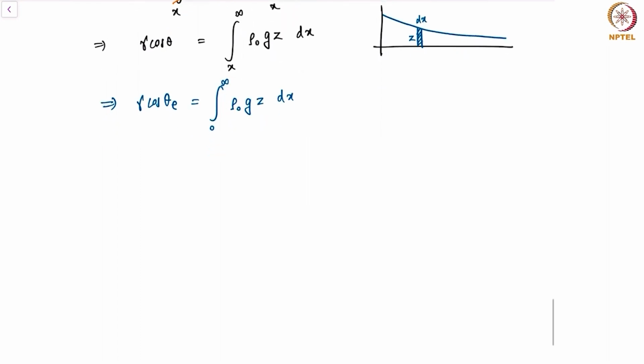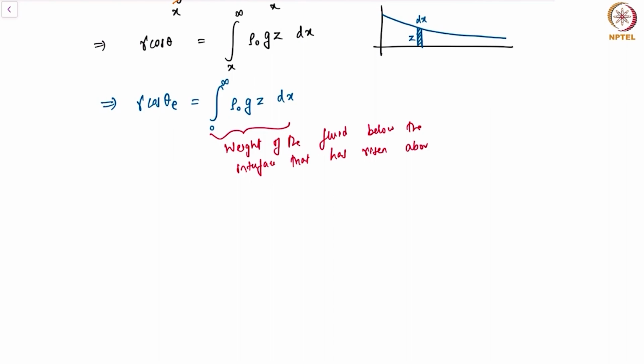And what is this quantity on the right hand side? This is nothing but the weight of the fluid below the interface that has risen above the original horizontal level.